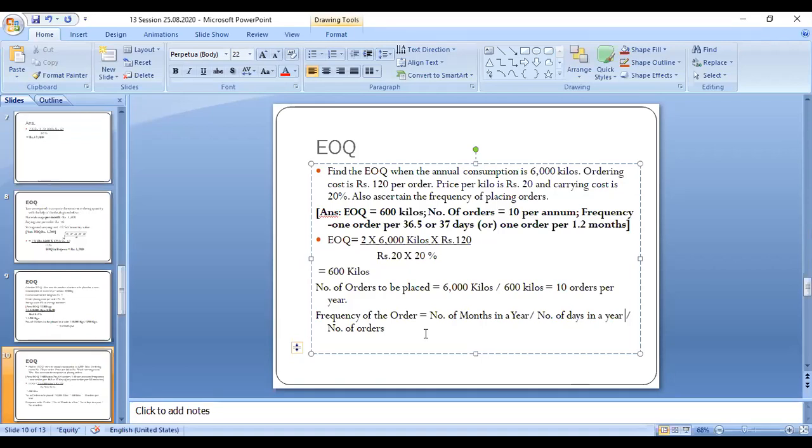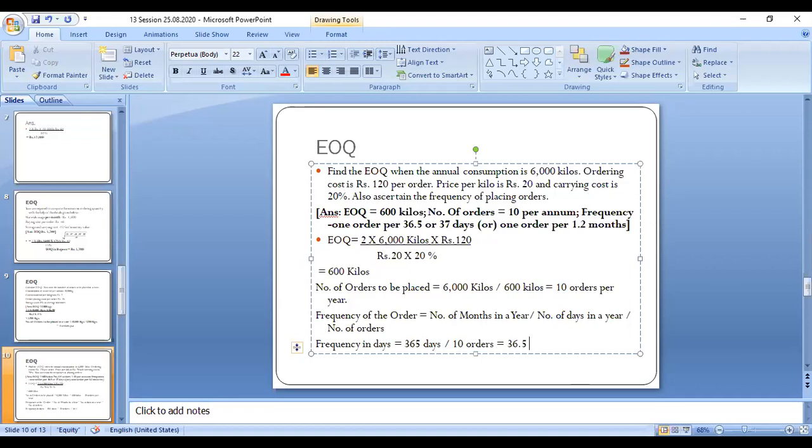If you want the frequency in days, it is 365 days in a year divided by 10 orders. So the frequency of the order is 36.5 days.